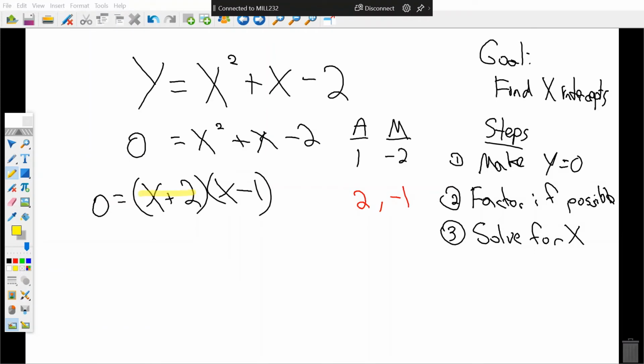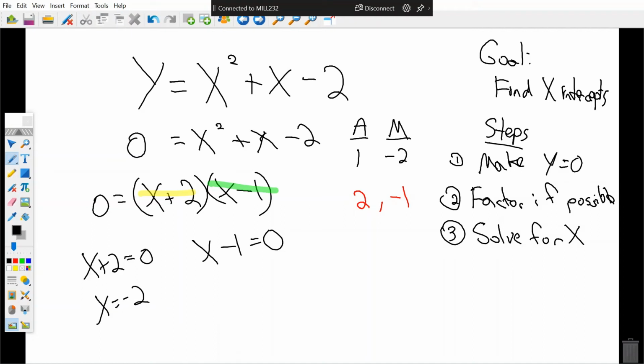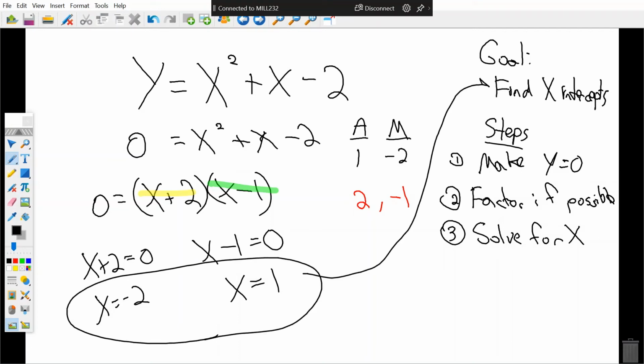I go x plus 2 equals 0 and x minus 1 equals 0. And once I solve these, I will have the x-intercepts. So to get x by itself, I subtract 2 from both sides. X equals negative 2. Here I'd add 1 to both sides. X equals 1. So my x-intercepts are negative 2 and 1.